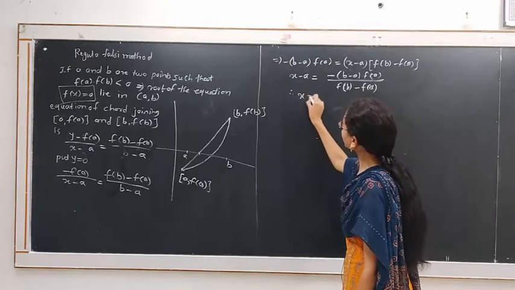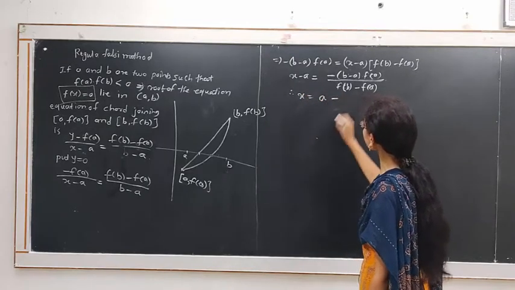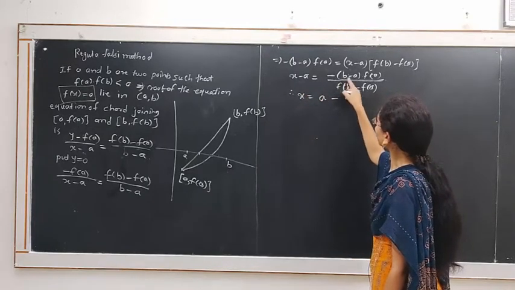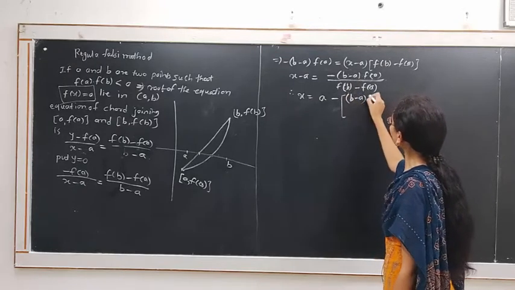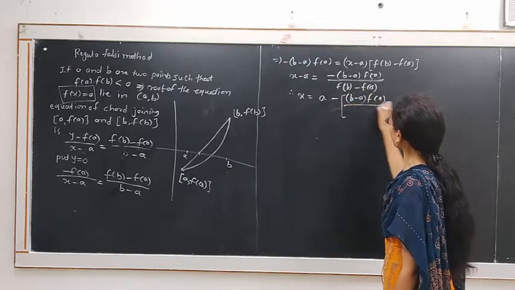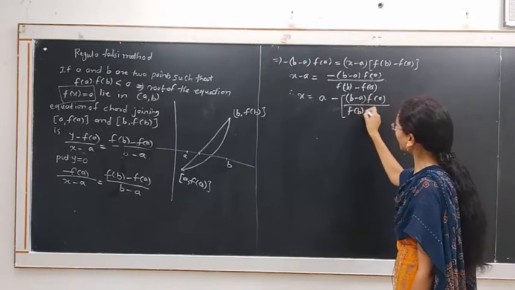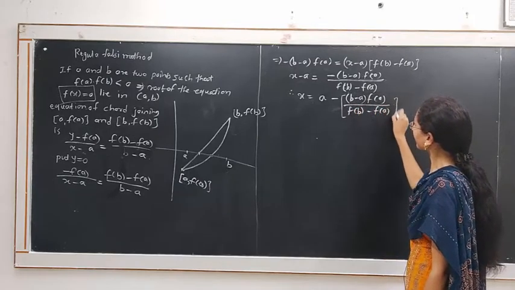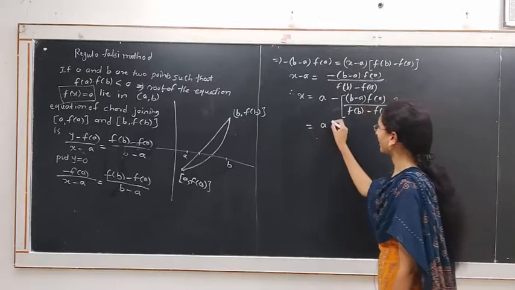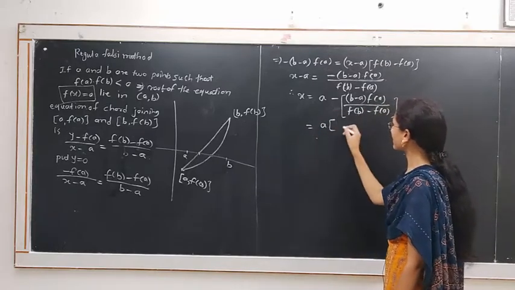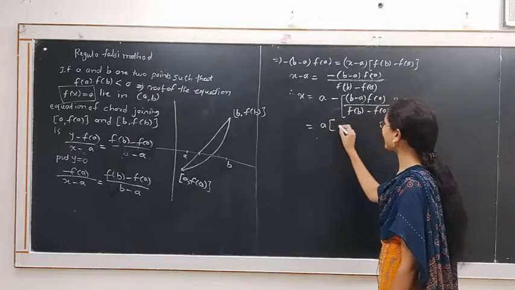Therefore, x is equal to a minus (b minus a) into f of a upon f of b minus f of a. This is equal to a into the LCM, which is f of b minus f of a.